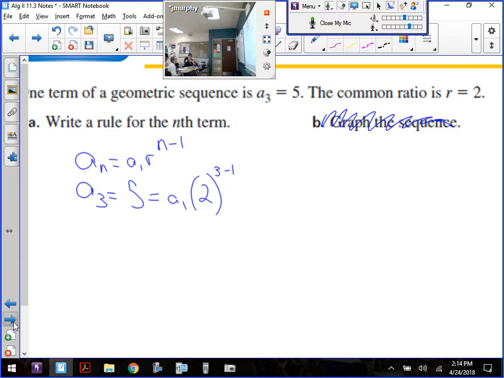All right. What's the first term? Careful, it's 5/4. So then you just write it out.